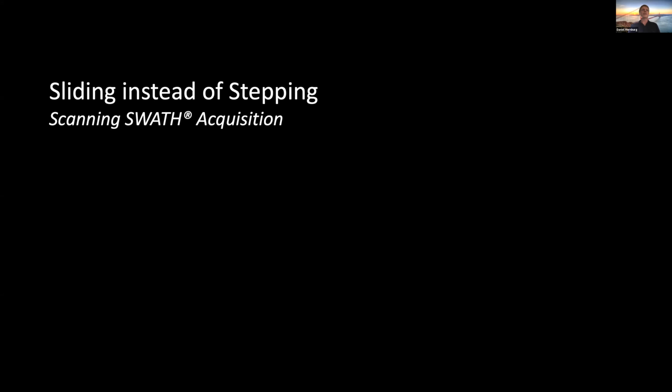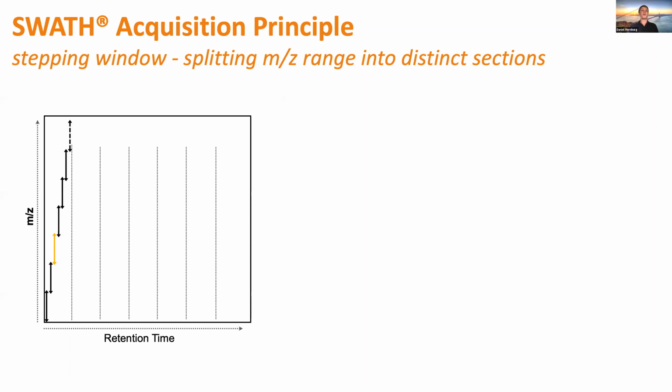So let's get started with talking about swath in general, because I think most of you probably know how swath works, but just as a reminder, in swath, of course, we try to explore the mass over charge range, which is where the peptides are eluting over time. So we have these two dimensions depicted here, the M/Z range, and then the retention time.